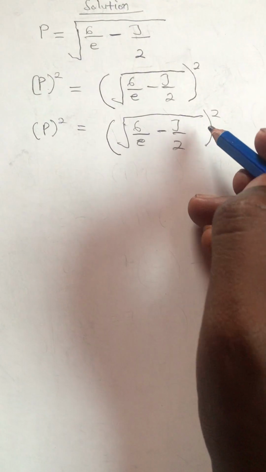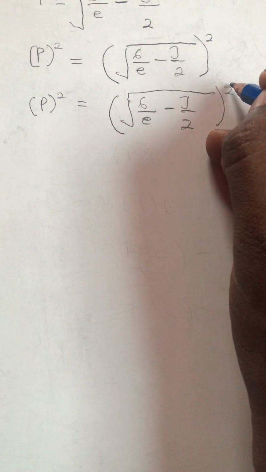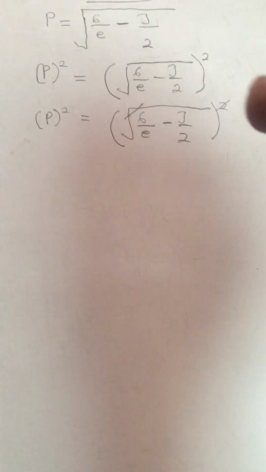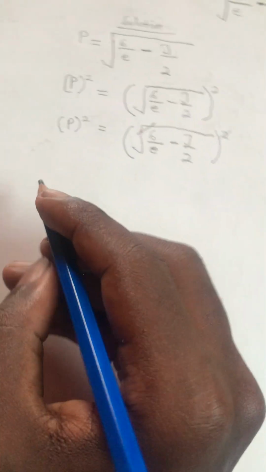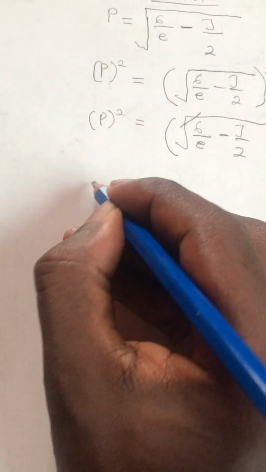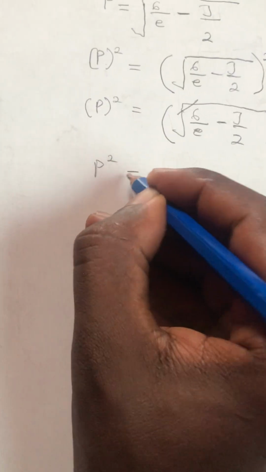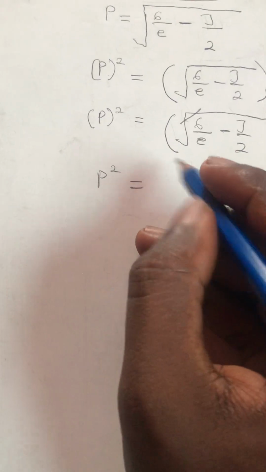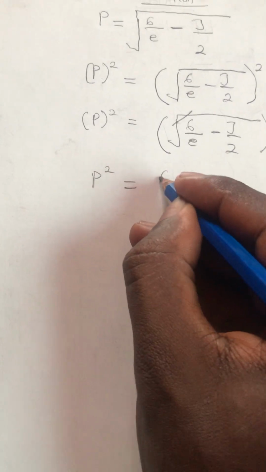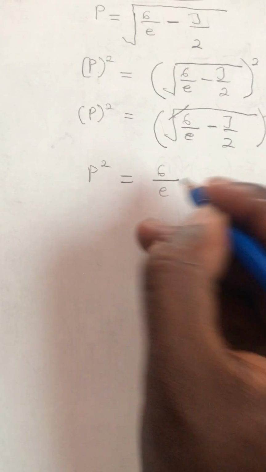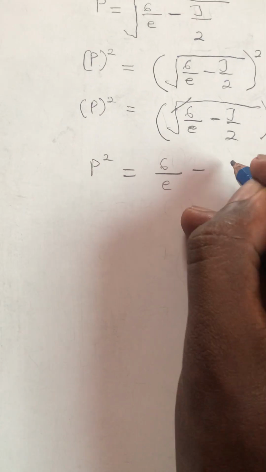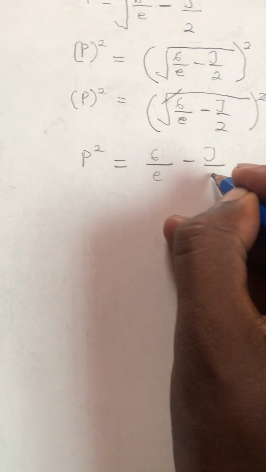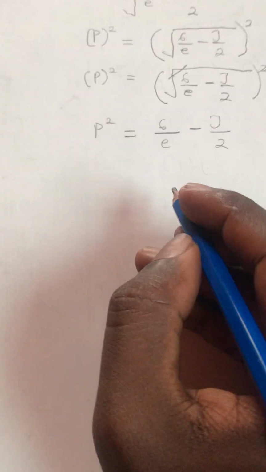So we do some cancellations. This square will cancel the square root. So we are going to have our new equation to be P squared equals the fraction 6 over E minus the fraction J over 2. So this is our new equation.